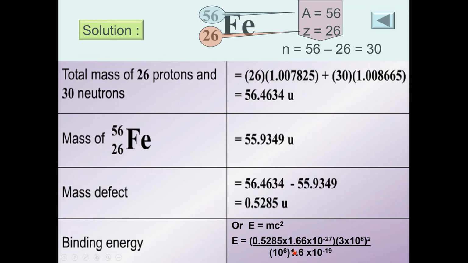To convert to mega electron volt, we divide this value by 1.6 times 10 to the power of negative 19, and using the prefix mega, divide by 10 to the power of 6, so we get 492 mega electron volt. So this is the same as the previous answer. So there are two methods to calculate the binding energy.